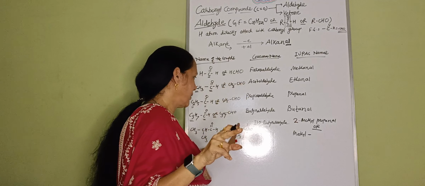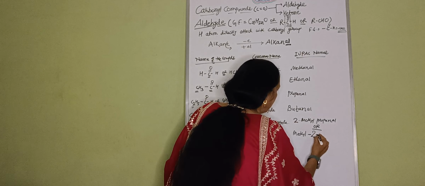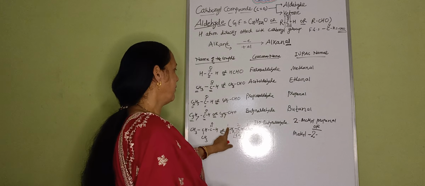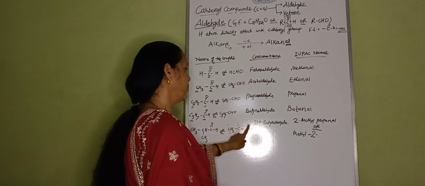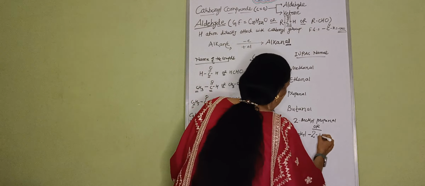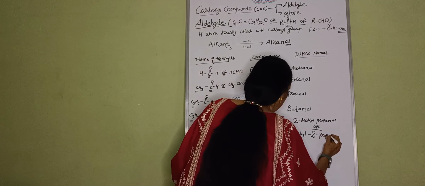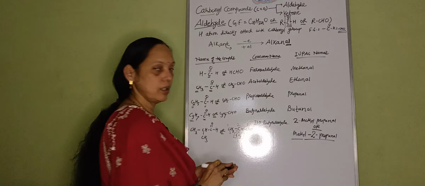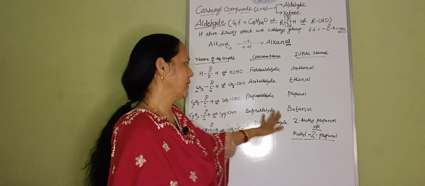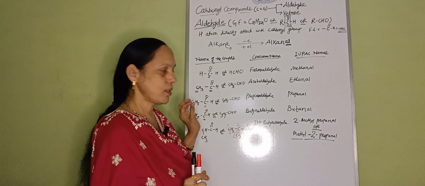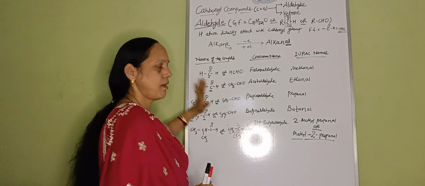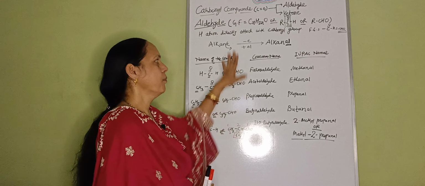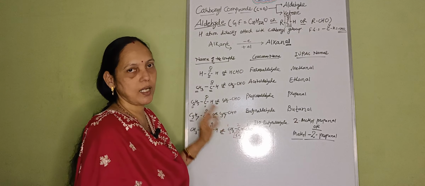The second carbon. So methyl at carbon 2, and then how many carbons are there? 1, 2, 3 means propane, and that's why it is called 2-methyl propanal. So a little change has been observed in the State Board book, and that's why this type of nomenclature will be there. In this way, common names are a little difficult to understand, but IUPAC names are a little easy.